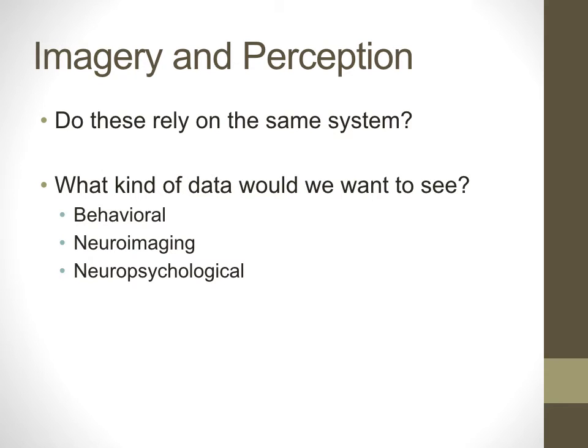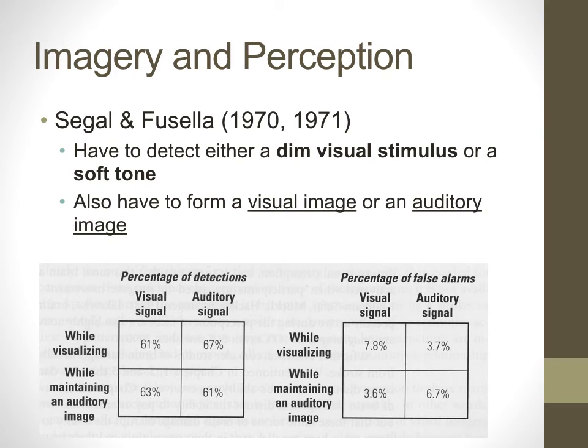So Segal and Fusella, in 1970 and 1971, completed a study where participants were asked to detect faint signals, either a very dim visual signal or a soft tone. On each trial, the task was merely to indicate whether a signal had been presented or not.